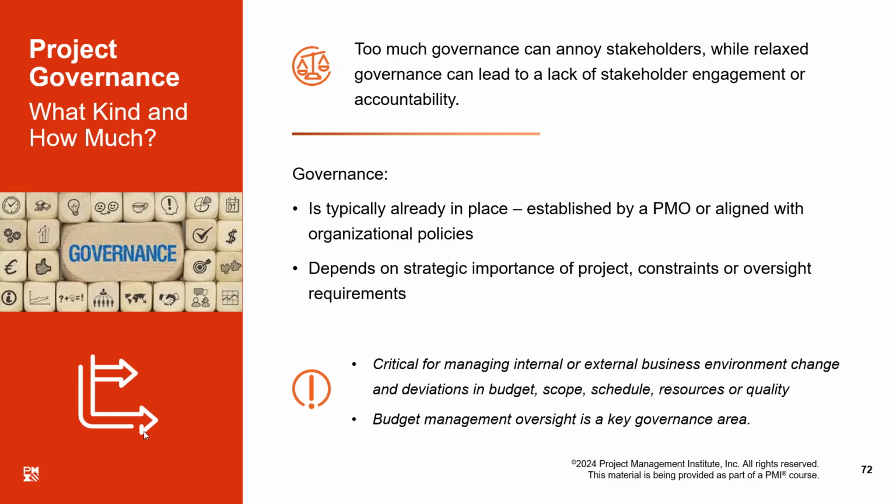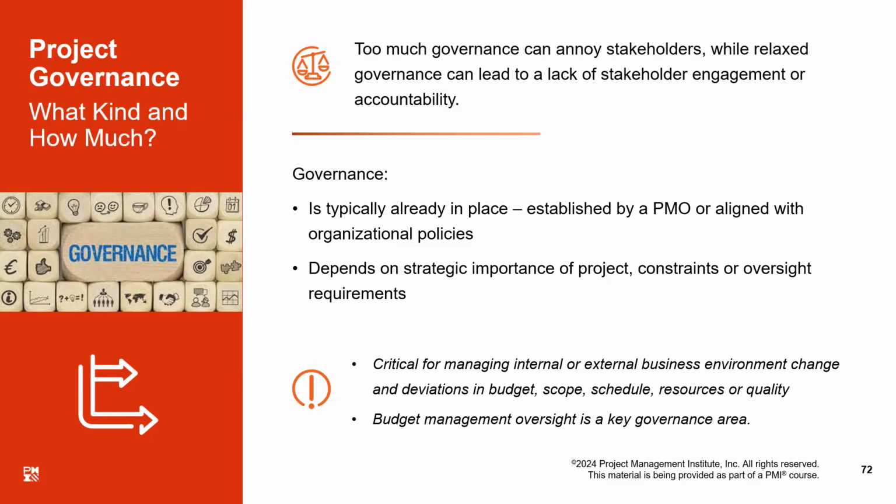So it is critical for managing internal and external business environment changes and deviation in budget, scope, schedule, resource, or quality. Those are the things we must take care of, which can impact our budget, scope, schedule, etc. Budget management oversight is also a key governance area which must be addressed in the governance plan.